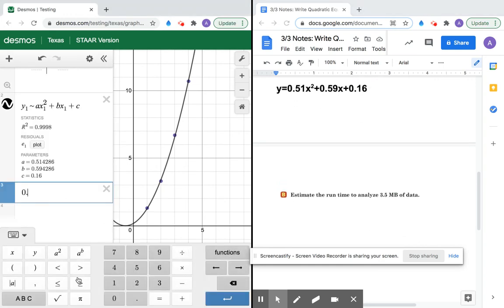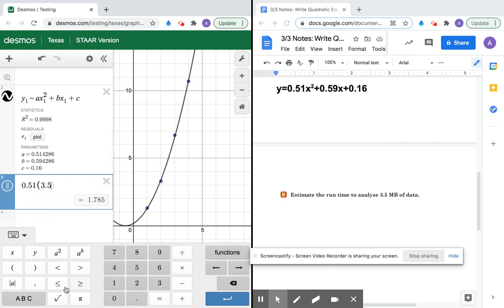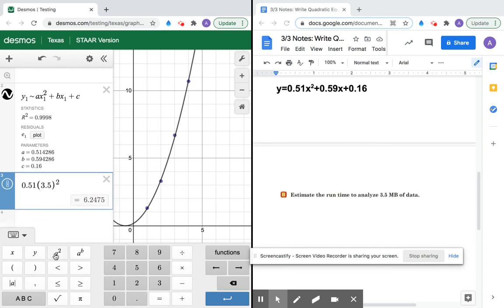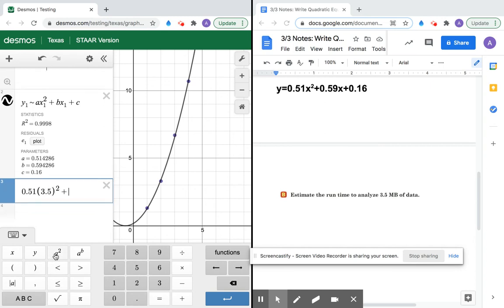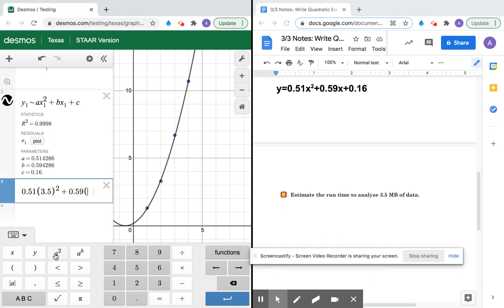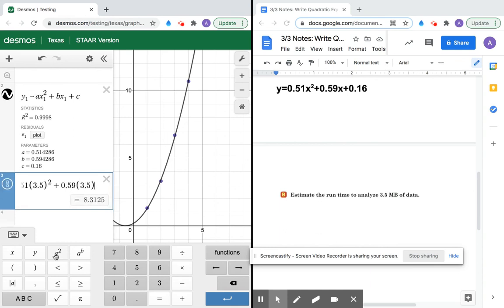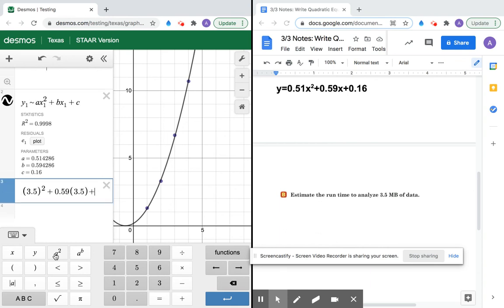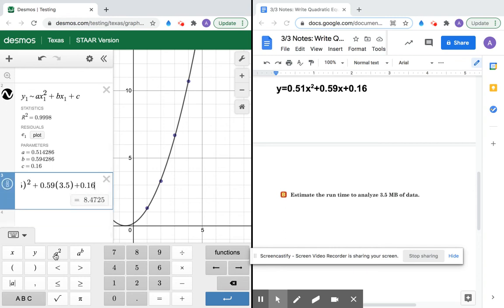So 0.51 times, if I'm plugging this in for X, 3.5 squared, because this is my X squared, plus 0.59. Instead of X, I'm going to plug in 3.5. And then last, plus 0.16. So about 8.47, 8.5 would be the runtime to analyze the data.